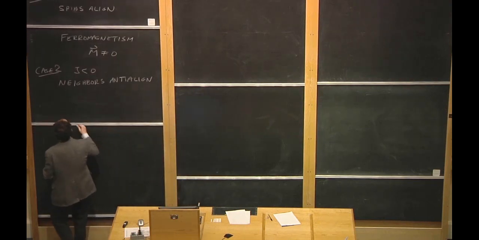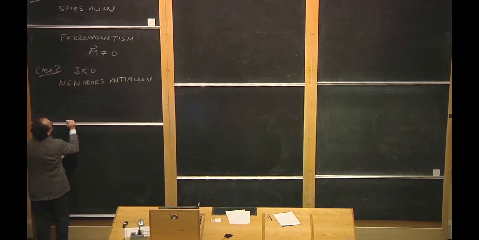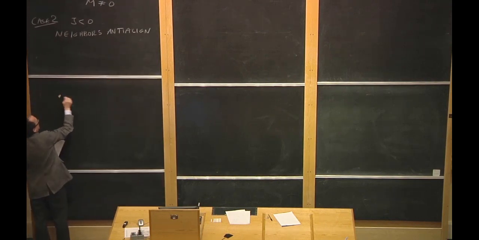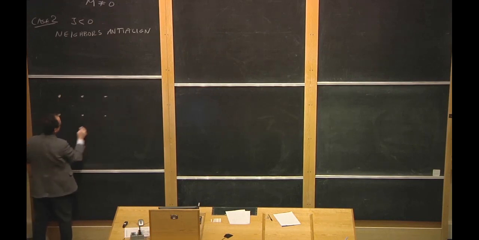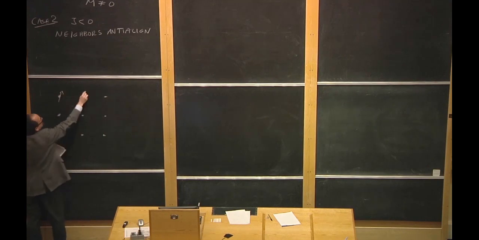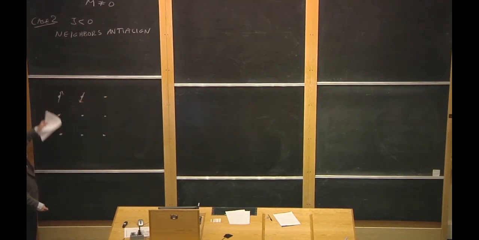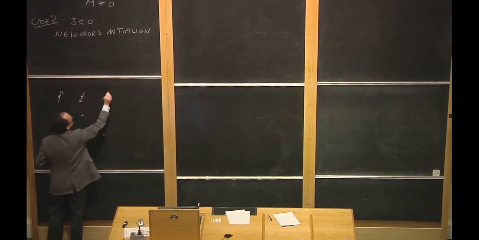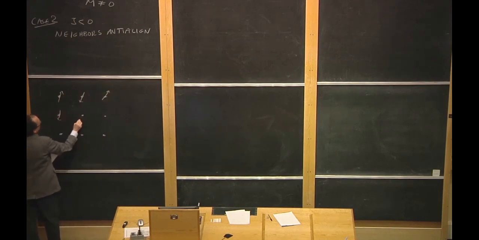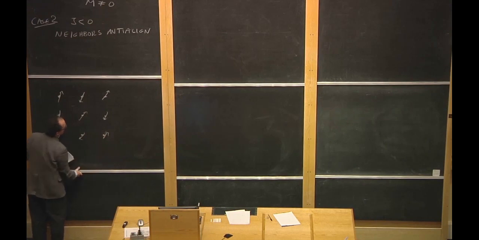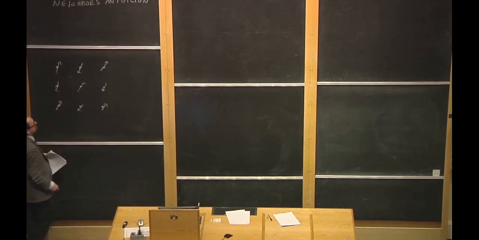So if we have a square lattice like this, each with a spin on it, if the first spin is pointing up, then the second spin will want to point down, and then the third spin will point up, this one will point down, this one will point up, this one will point down, so forth and so on. And we'll get these alternating spin structures.